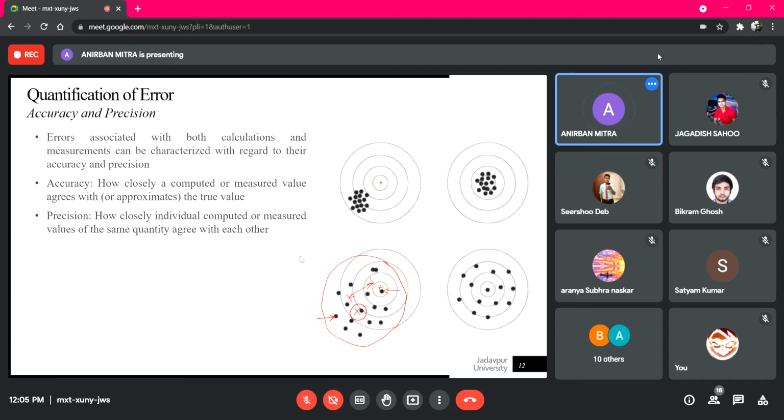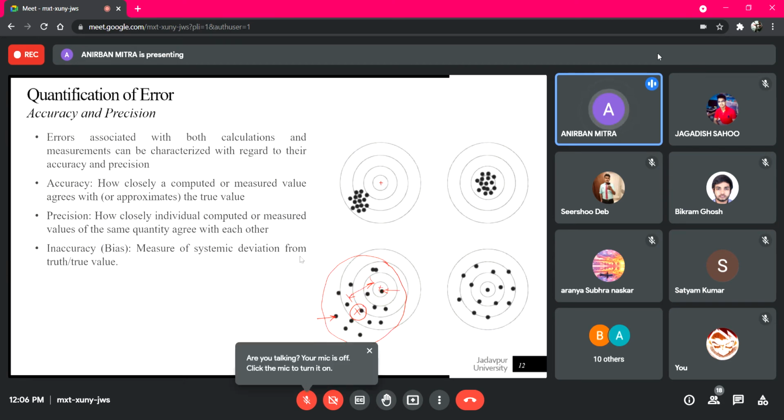Along with these two terms, accuracy and precision, we can also define inaccuracy or bias. It's a measure of systematic deviation from the true or the exact value. As I said, if you consider the mean of these scattered results, it would be somewhere around the left-hand side of this target and quite far away from it.